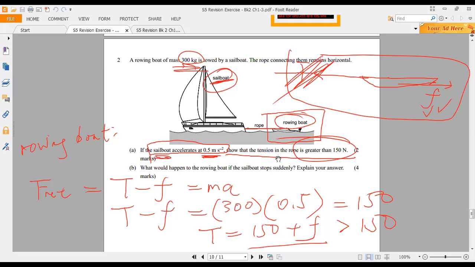If the rolling boat and the sailboat are really moving fast at the beginning, even though the rolling boat is slowing down, there is a chance that it will hit the sailboat because it doesn't have sufficient distance to stop. Do you agree?